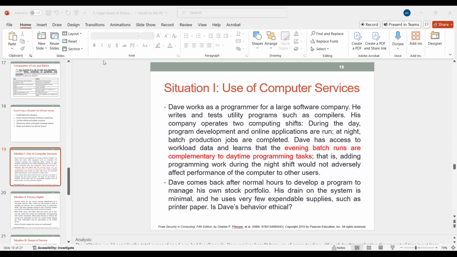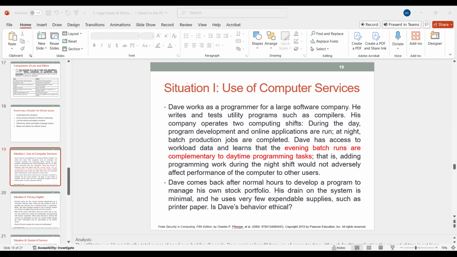Personal stock portfolio development is not company work. He uses those resources for his personal work without getting prior approval from the management or the organizational people. So this behavior is unethical, and you cannot follow the same behavior in an organization. Yeah, that is the correct answer.